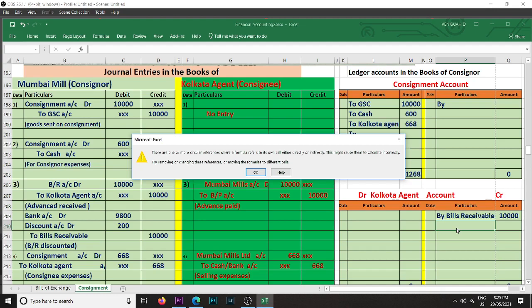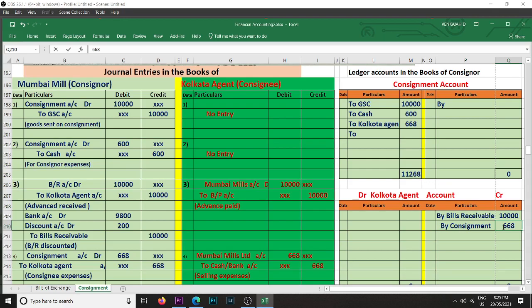Amount is 668. Next one is for sales. Kolkata agent account debit to consignment account.